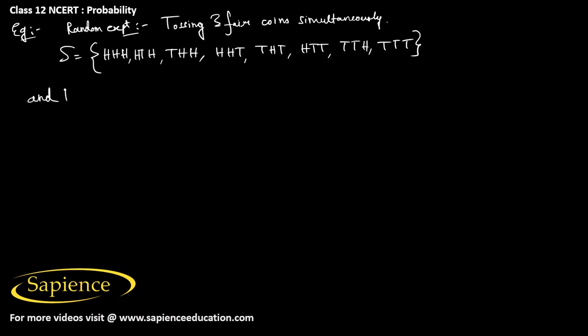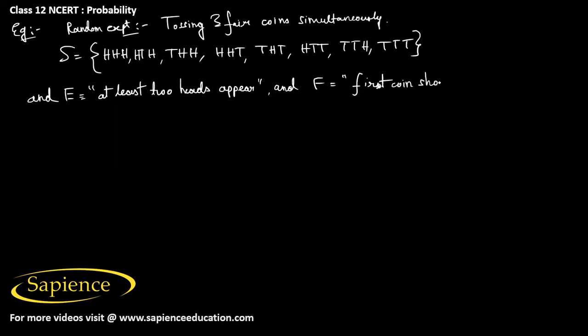Suppose we have the event E, which is that at least two heads appear, and the event F is that the first coin shows tail.